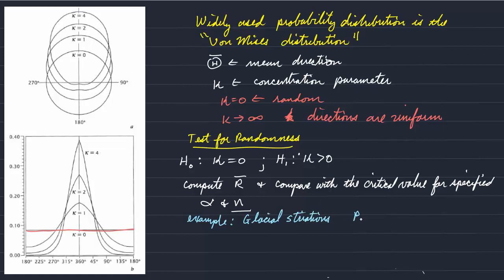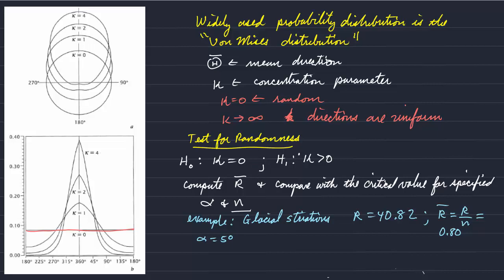And the resultant vector had a length of 40.82. And then he normalized R by the number of measurements. And that came out to be about 0.8. There were 51 measurements. And let's say alpha is equal to 5%.